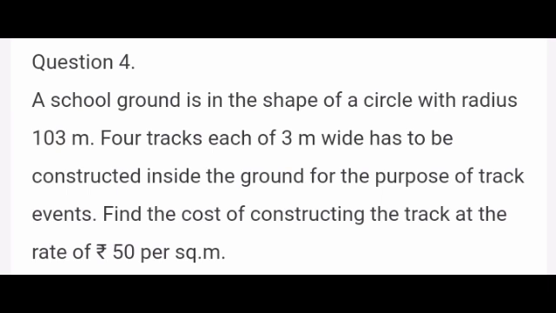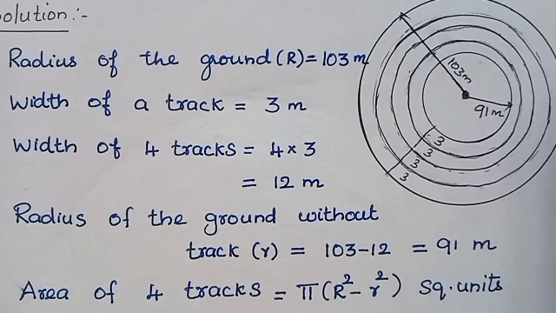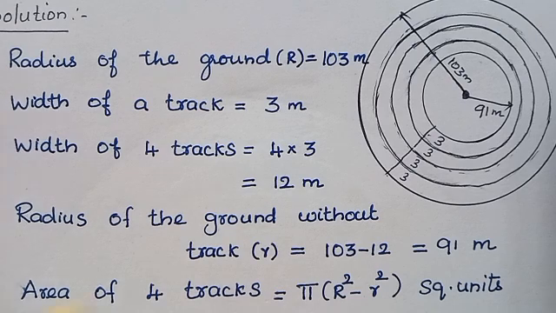Students, in this question, the radius of the school ground is given, that is 103 meter. Then 4 tracks, each one is 3 meter wide, has to be constructed inside the ground. We have to find out the cost of constructing the track at the rate of rupees 50 per square meter. Listen, the solution of that sum.